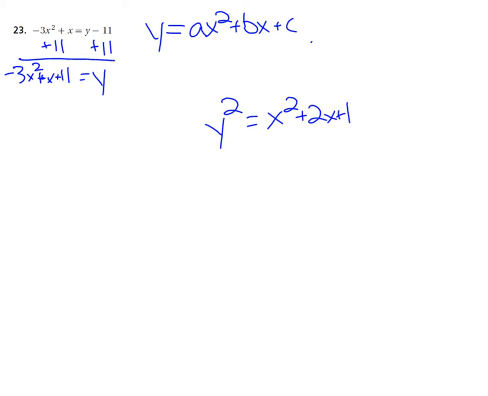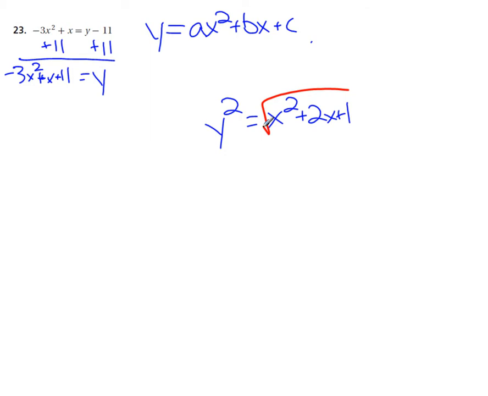The square root, which is the opposite of squaring a number. So we would actually have to take the square root of all that, and then the square root of x squared would be x. It wouldn't really work out that nicely, but it wouldn't be quadratic anymore.